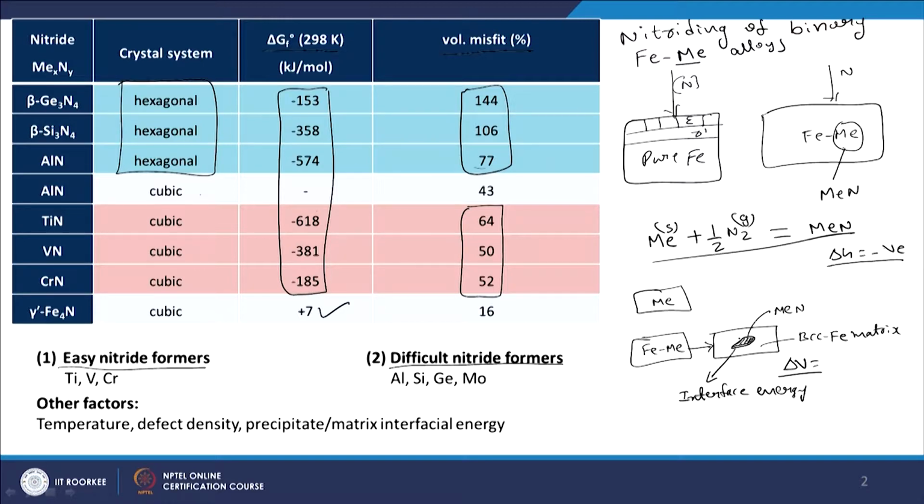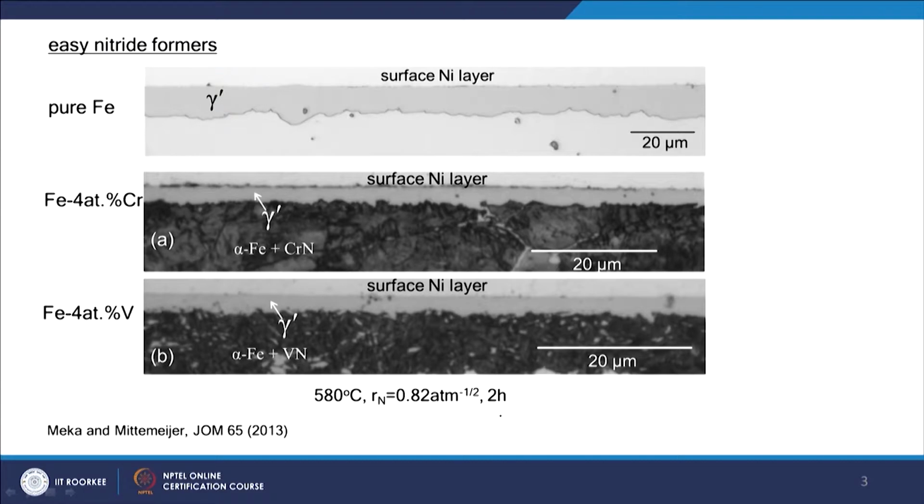Now we will see how the different alloys behave in actual conditions. First, let us look at the easy nitride formers. What is shown in this slide are light optical micrographs, recorded from a light microscope.